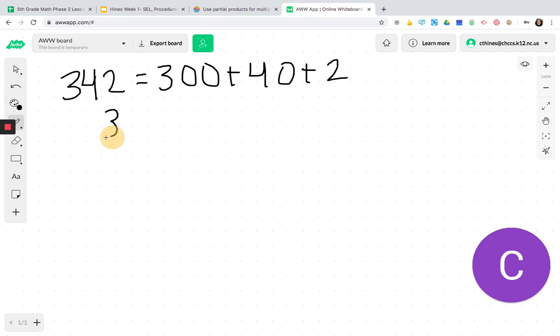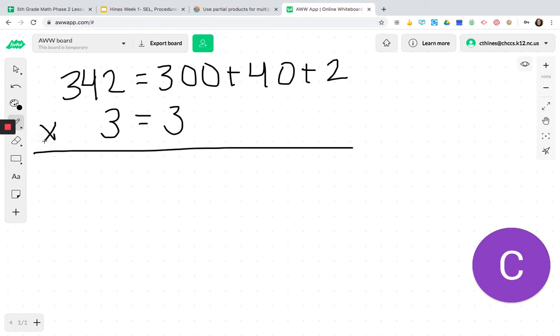And in our example, we are multiplying by 3. For this one, we don't really have to do a whole lot because we know that the 3 is in the ones place, and so the value is 3. Now, the next step is to multiply each of these numbers along the top by the 3.